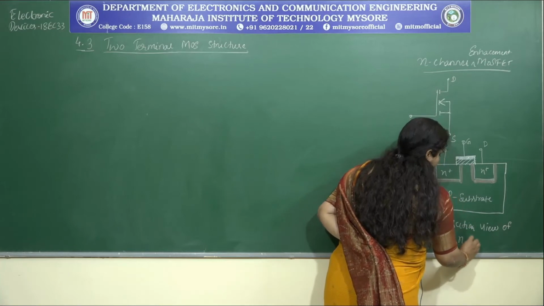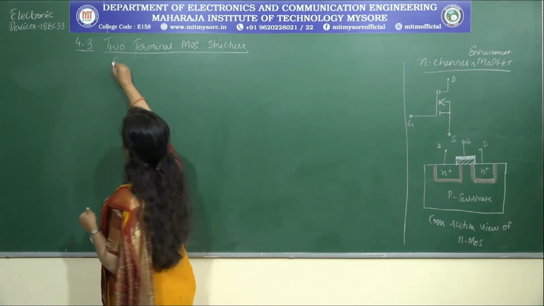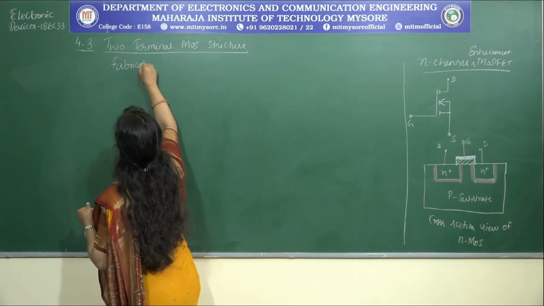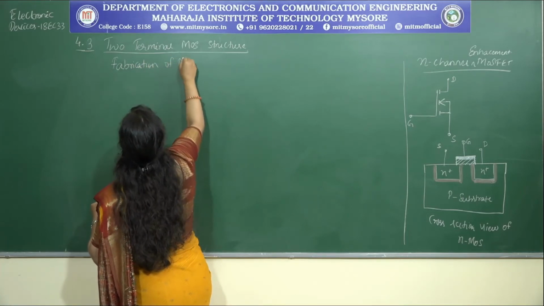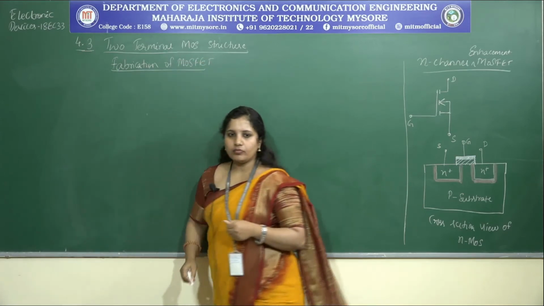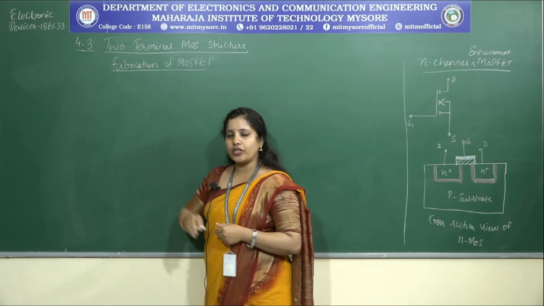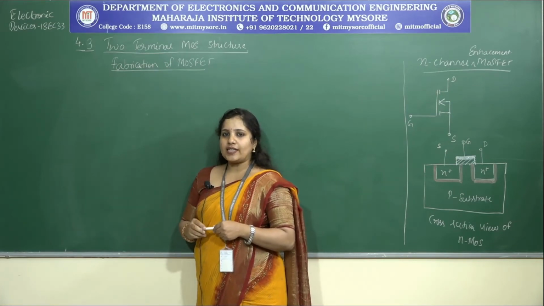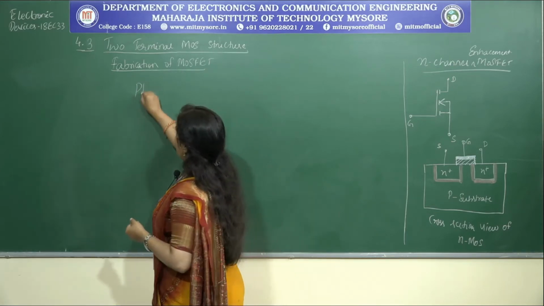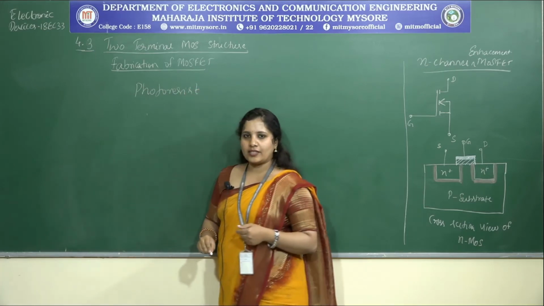Now, before going into the fabrication of MOSFET, let's try to look into it. Before going into this, it is very important for you to understand a terminology called photoresist. What is it? It is a photoresist.